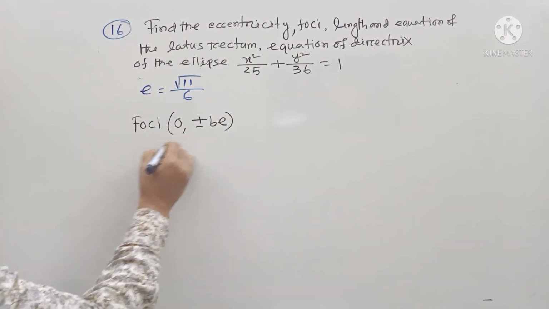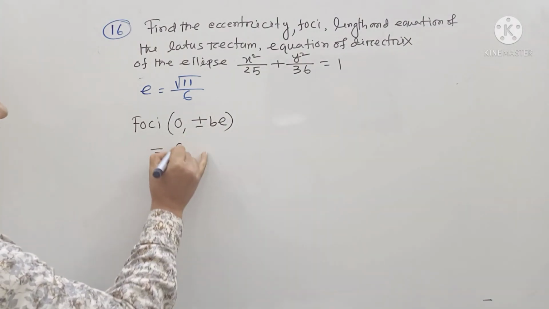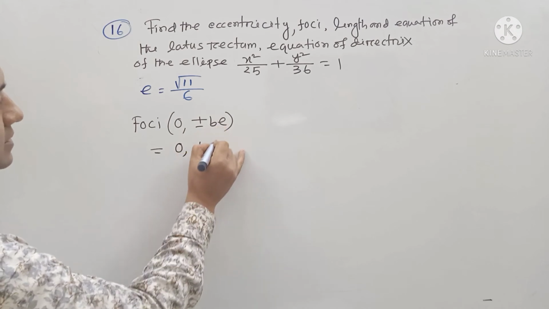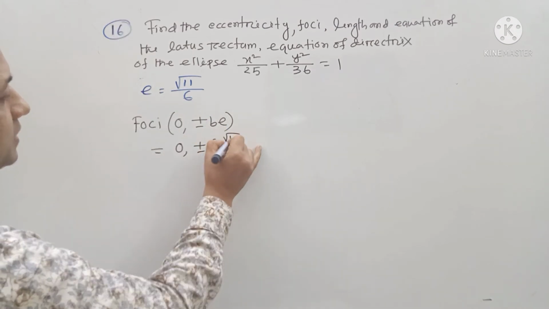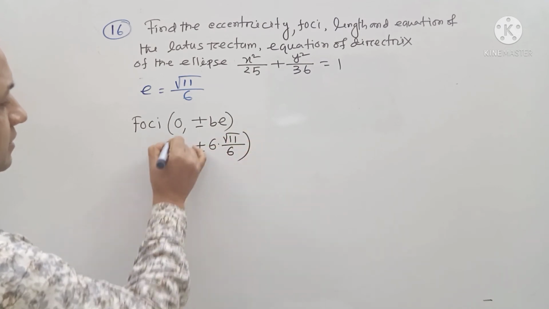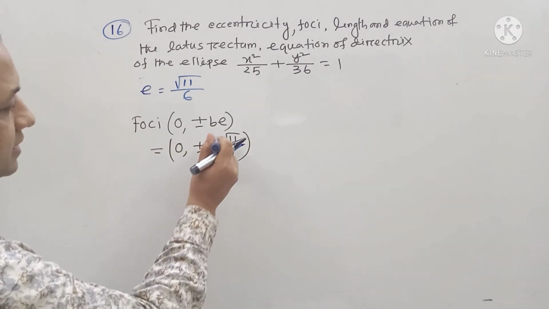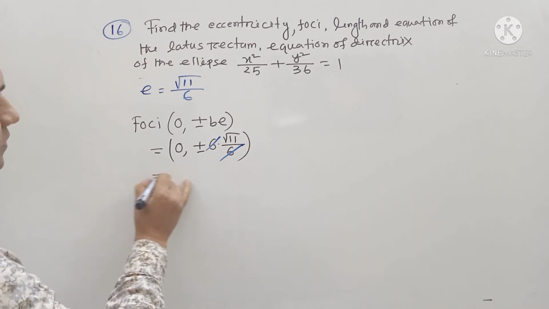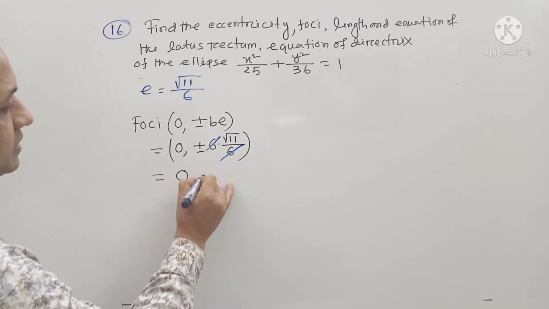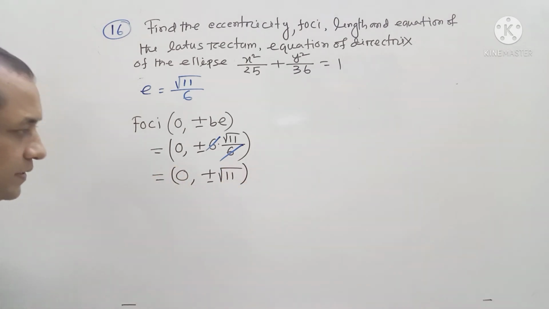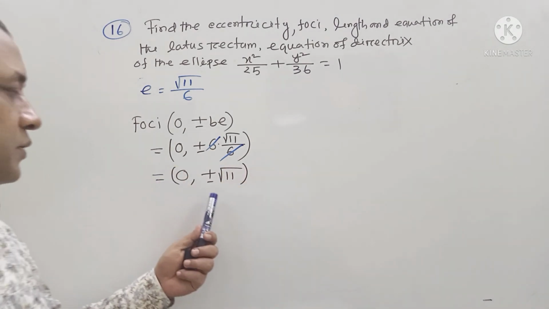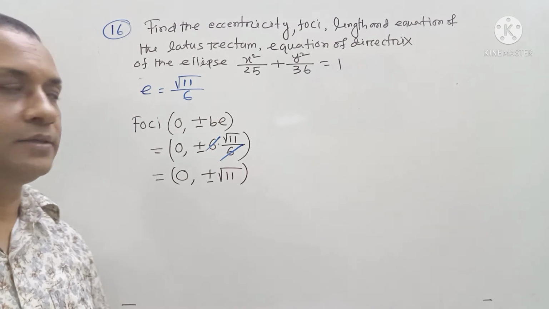Now putting the value of b and e: b is 6 and e is root over 11 by 6. So 6 and 6 cancel. So the required coordinate of foci is 0 comma plus minus root over 11. Student, I hope that you were clear.